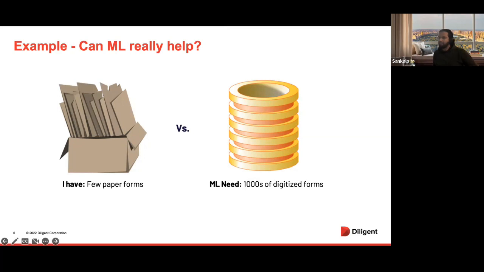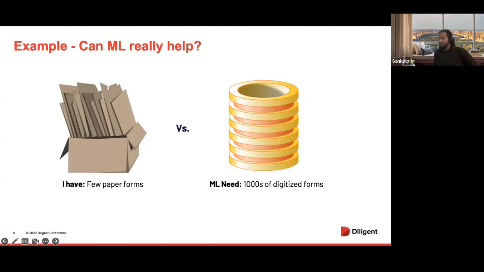So let's assume that this is something that your leadership is asking you to do, right? But the problem here is you have only a handful of paper forms that are also different to one another, right? So now this becomes very challenging, right?